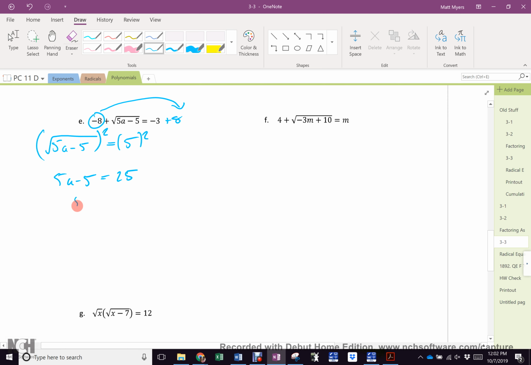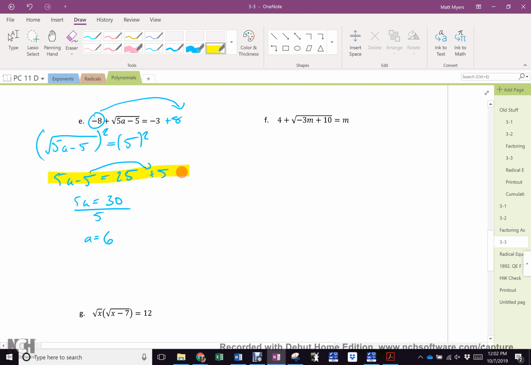So let's do it. 5a equals, when that comes over, what does it become? Positive 5. What's 25 plus 5? And then our last step, a equals 6.